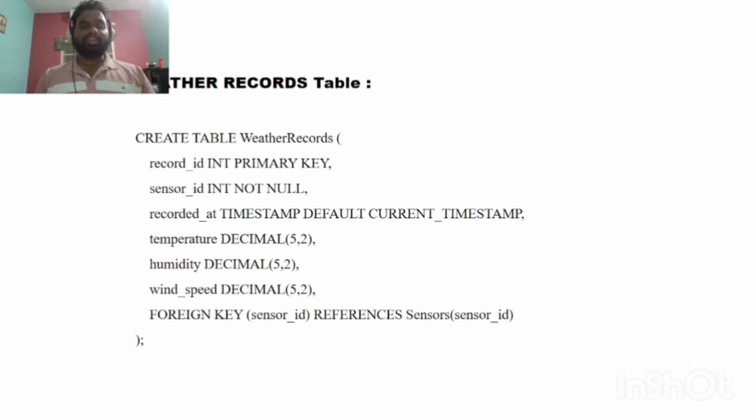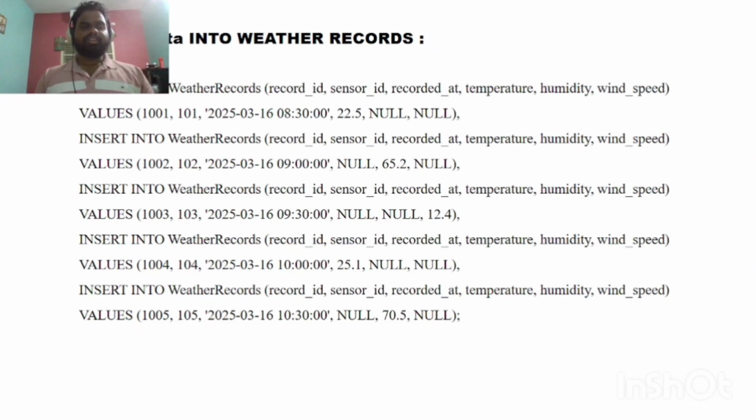So this is the table to create weather records, and this is the data that we are inserting into the weather records. Insert into weather records, record id, sensor id, recorded at, temperature, humidity, wind speed, and values that we are giving for this is 1001 is the record id, and sensor id is 101, and 16 March 2025 is the date that it is recorded.